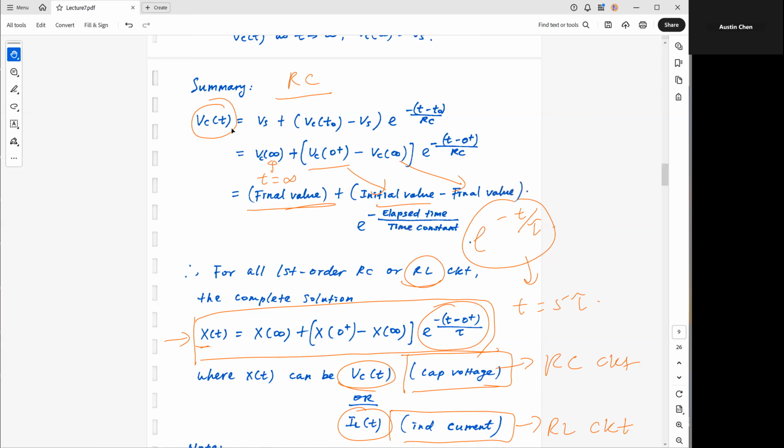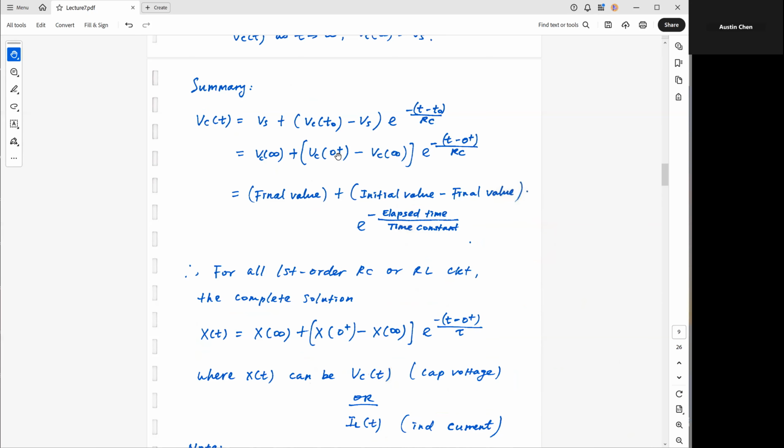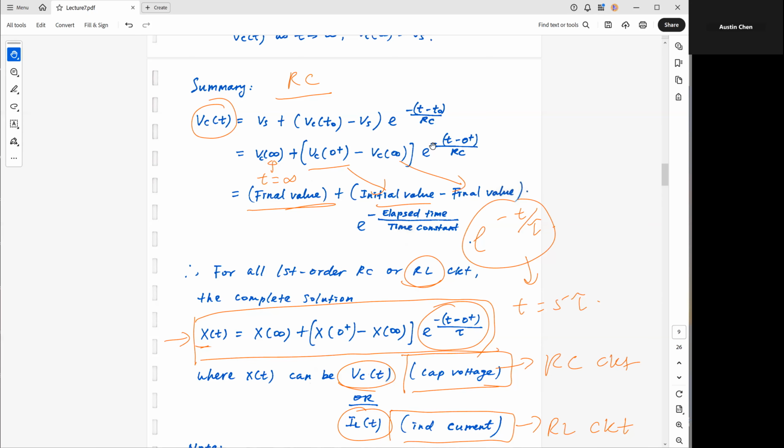To find this VC of t, we need to build in this equation, this template, and some of the variables or parameters that you need here are your VC at infinity, VC at 0 plus, and also the RC time constant.